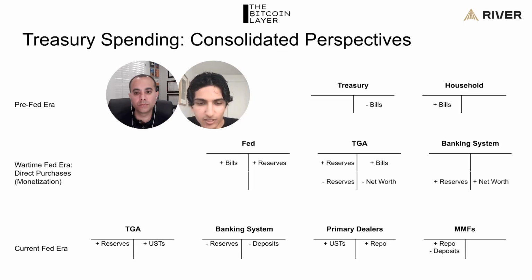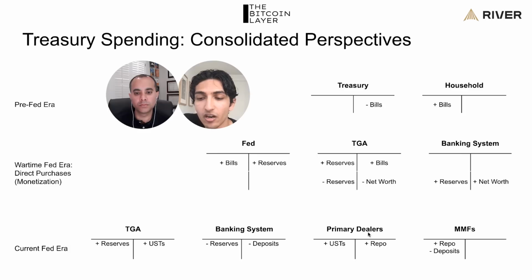So in the current era, the way this works, we mentioned this earlier, is not through the Fed. The Fed is not part of this transaction, but the primary dealers are sort of forced to buy the treasuries. And the way this works is what I would call a reserve drain, meaning that reserves were already present in the banking system. The TGA issues securities to then mop up those reserves and receive those reserves.